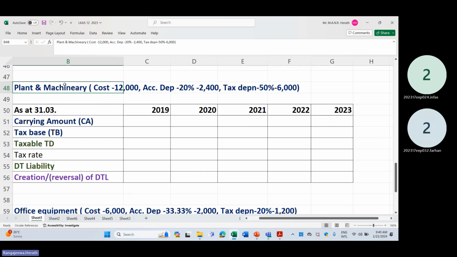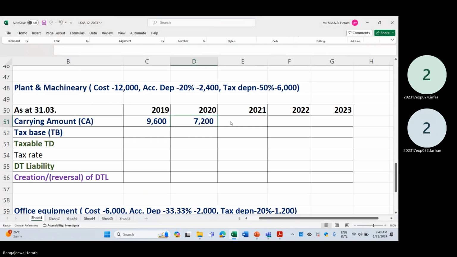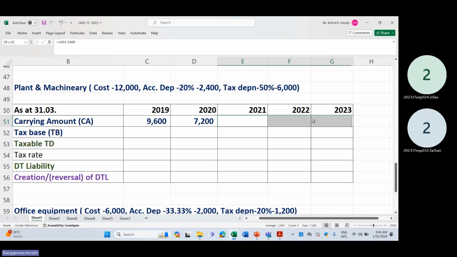Accounting depreciation 20%, that is 2,400 per annum. Tax depreciation 50%, that means 6,000 per annum. So in the first year, the carrying amount is 9,600, 12,000 minus 2,400. In the second year it is reduced by a further 2,400. Likewise, it continues.